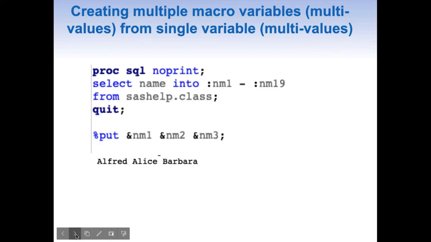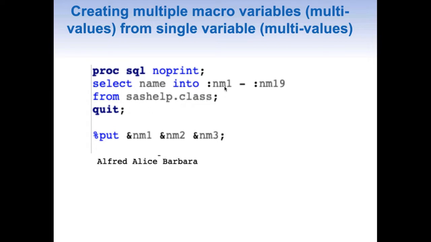To do this, the code is also super simple. I need to write proc SQL again, and as I do not want the values to be printed, I am saying noprint. Then I say select name into colon nm1 hyphen colon nm19 from SASHELP.class and quit.